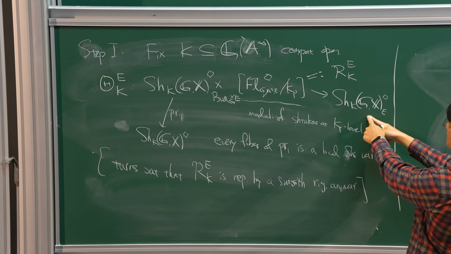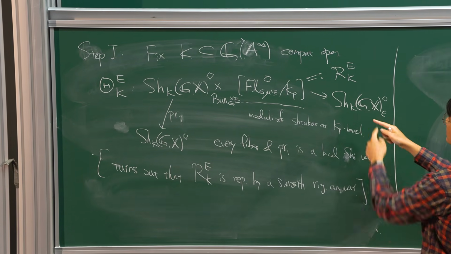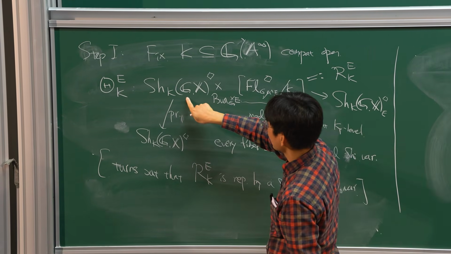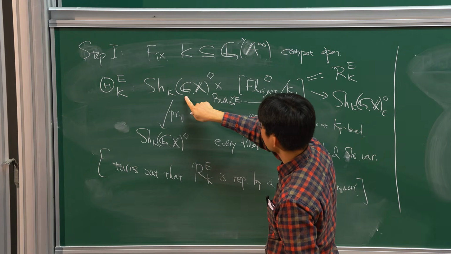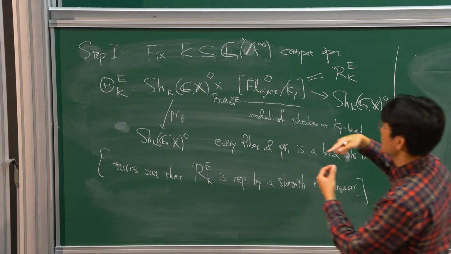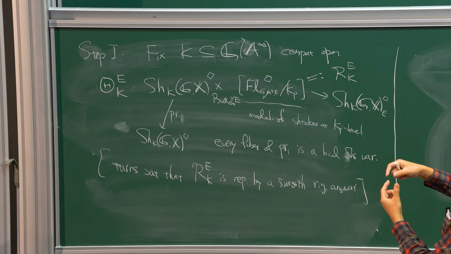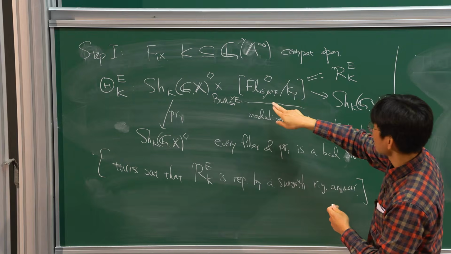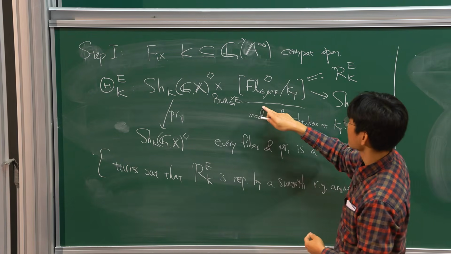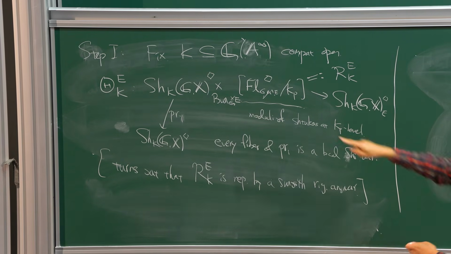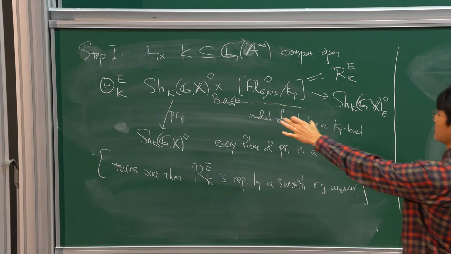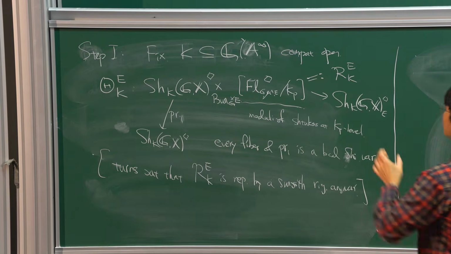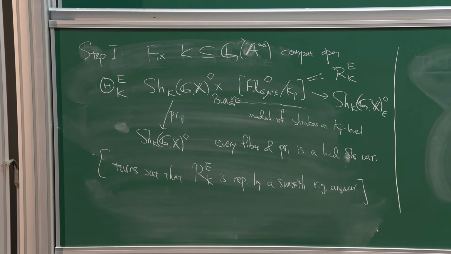So essentially the idea is that for every small open neighborhood of the image of pi Hodge-Tate inside here, which is still a rigid analytic variety, it has a unique way to map to the Shimura variety.